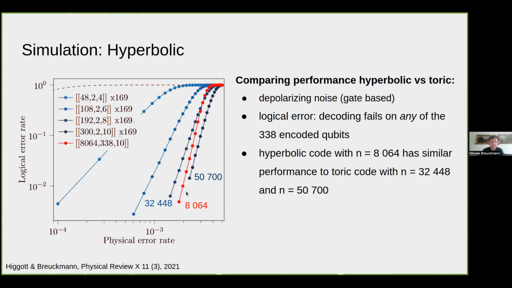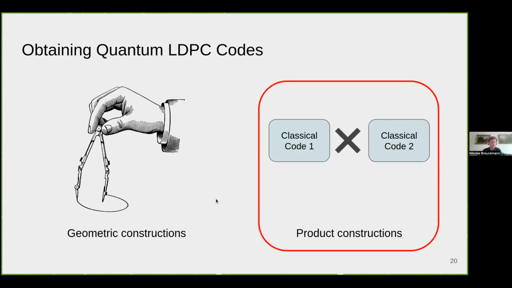You see that by investing only a fraction of the physical qubits, we can gain the same performance compared to the surface codes. Okay, so these were the geometric constructions. Let me switch over to the product construction, unless there are any questions.